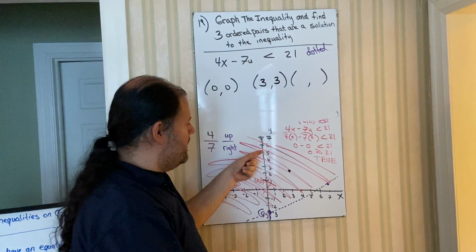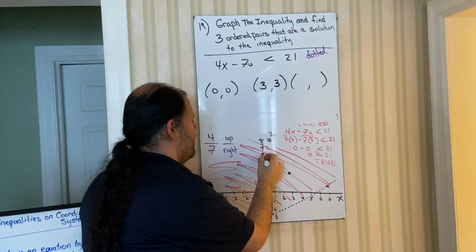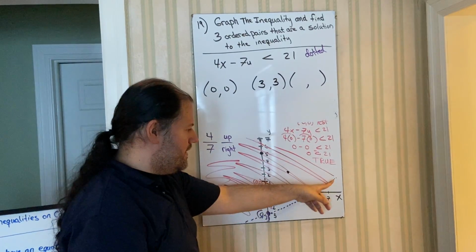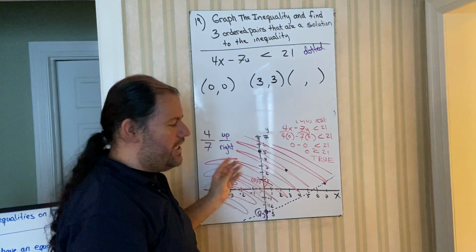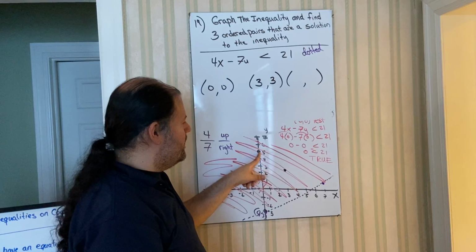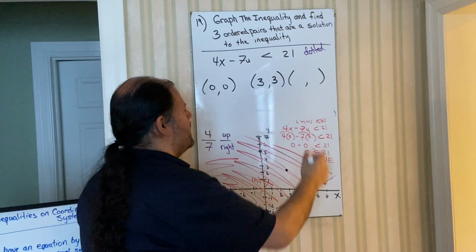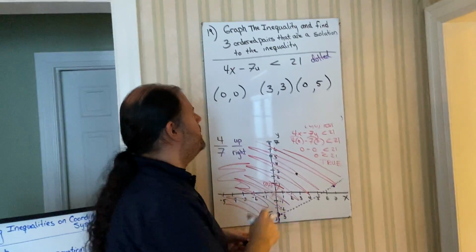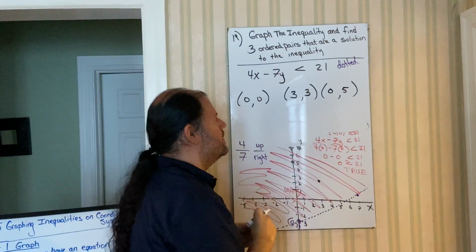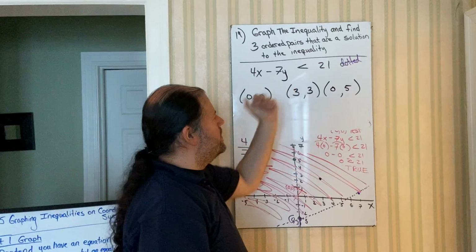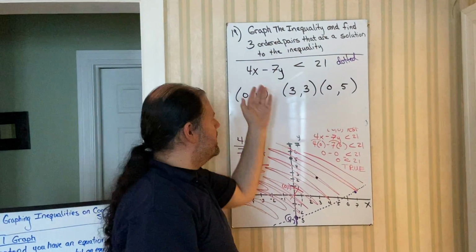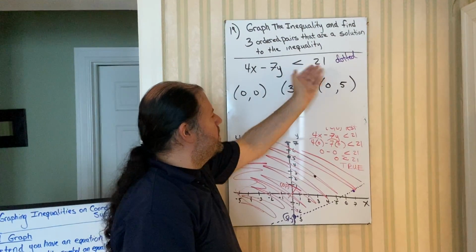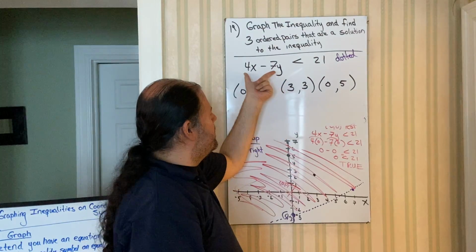If you want to pick this point, right? As long as it's not on this purple line and it's in the shaded area, this would be 0, comma, 5. If you plug each one of these, you're going to get a true statement. 0, 0, we know that's right, because 0 minus 0, 0 is less than 21. How about 3, 3?